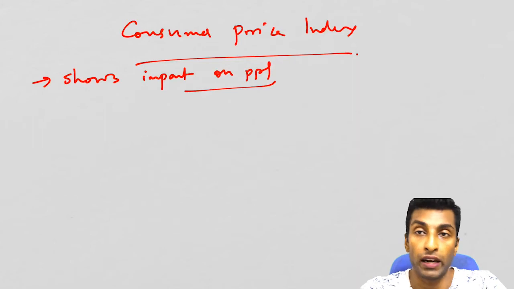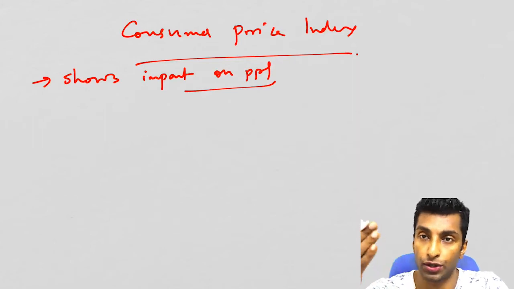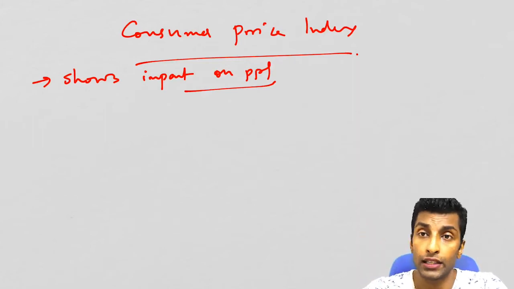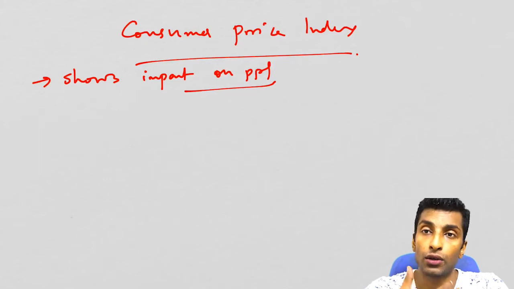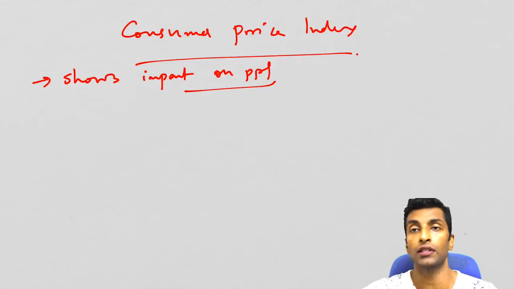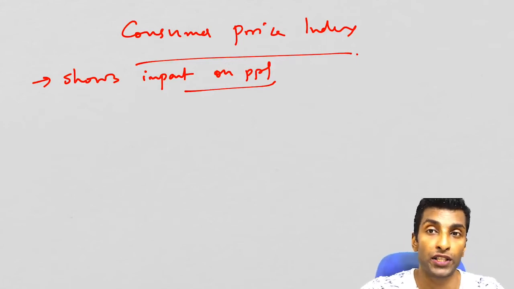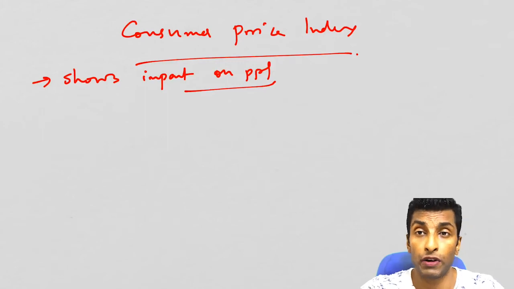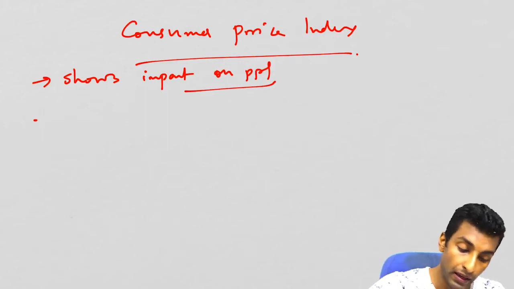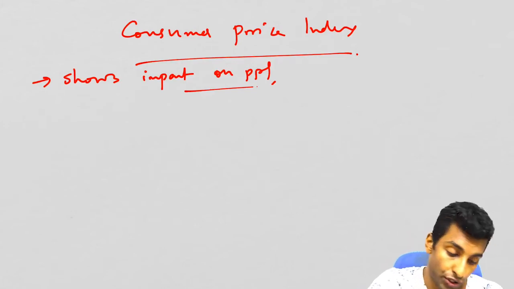I have already told you when inflation is there, the cost of living is actually increasing. So here it exactly shows the change in cost of living as it is, understood from the consumer point of view. Earlier it was the wholesaler point of view, that shows the impact of inflation on the economy. Here, the impact of inflation on the consumer. So it shows the change in cost of living.